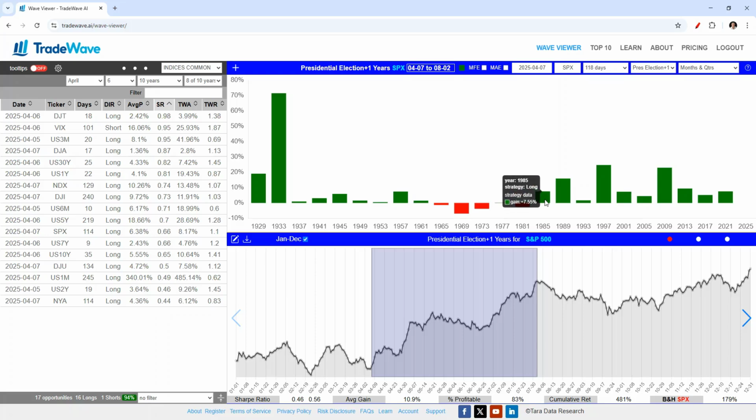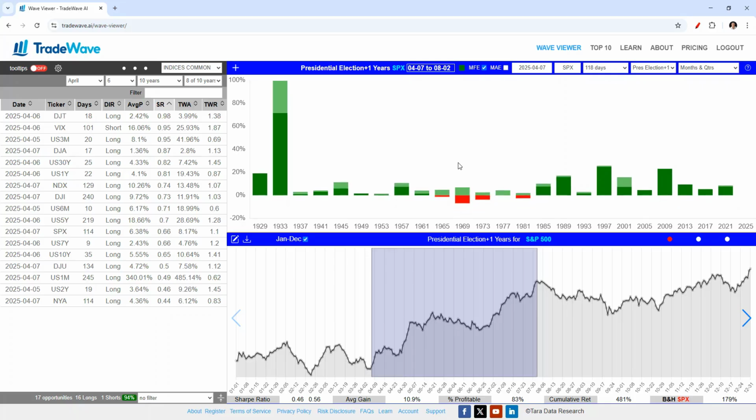But starting from 1985 on, it's been positive during this date range. We can look at MFE to see really how far it went up. Except for 2001, all the other years, the peaks are at the end of this date range. It really followed this trend.